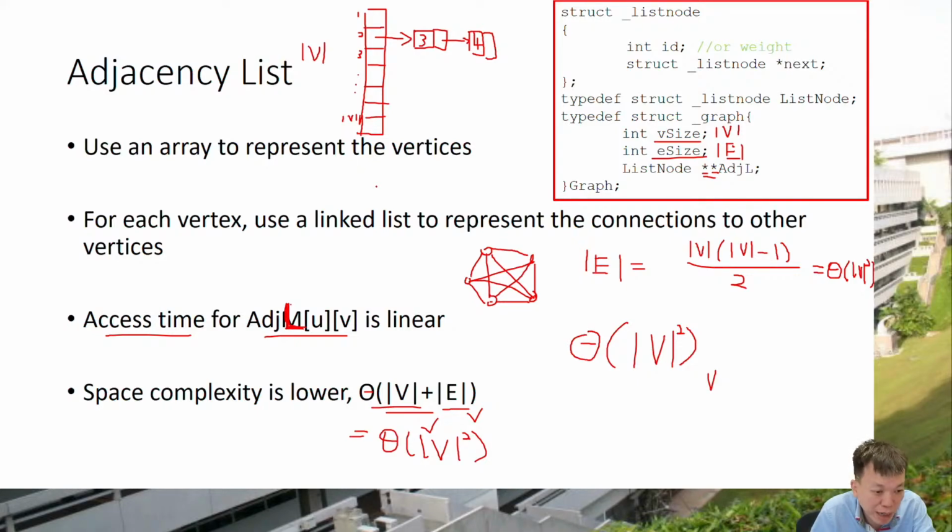If you have a very sparse graph, with very few edges, the number of edges can be much less than your number of vertices. Then in certain circumstances this is only in V, when you have a very sparse graph, very few edges.